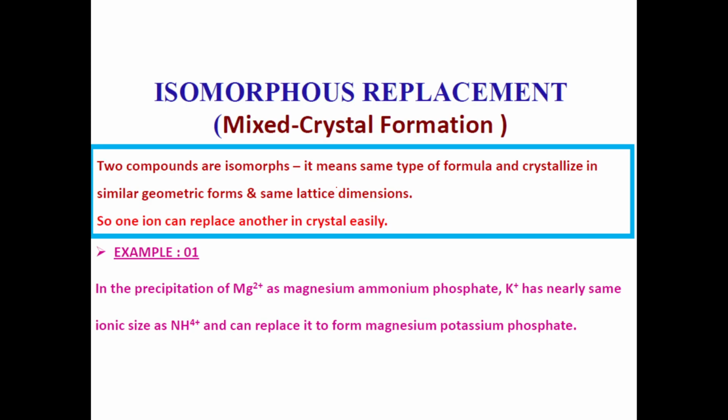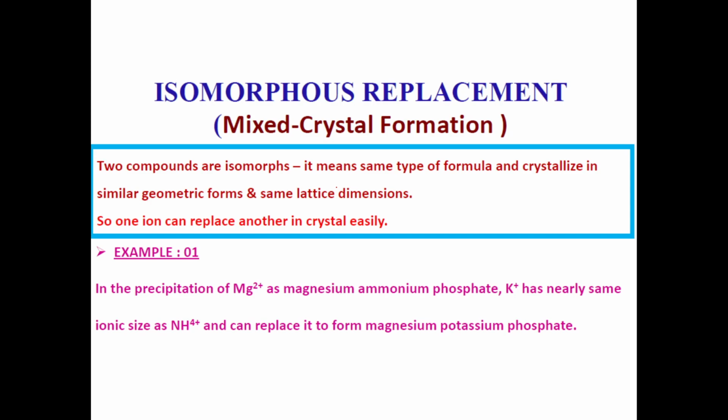react as sodium. Why can another ion act as sodium? Because of the isomorphous, which means the similar geometrical form or the same lattice dimension. So one ion can replace another ion in the crystal easily, and the product is not 100% pure.